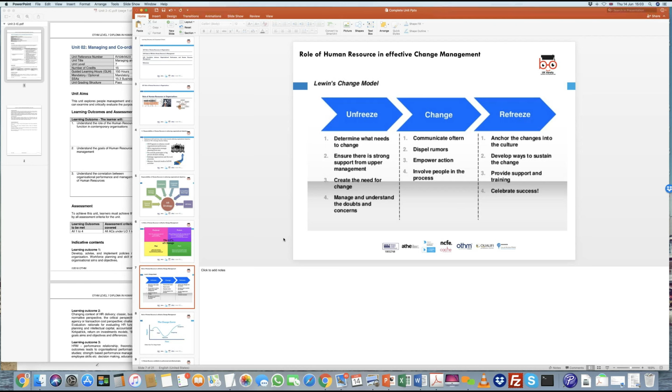So when you look at that in general, what Kurt Lewin did back in the 1940s was come across with a particular terminology, saying that when organizations try to bring in change, in most cases they are changing the name of the business, maybe the type of the business, or in some cases the people within the business.